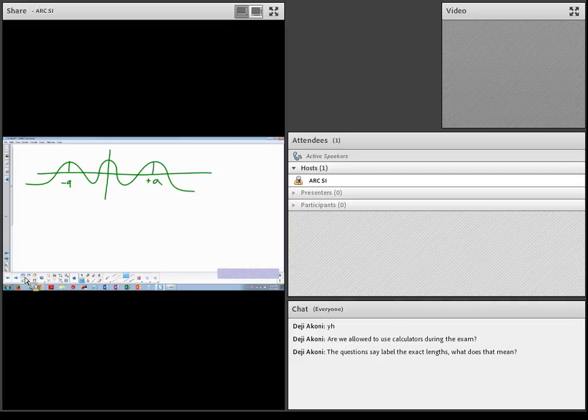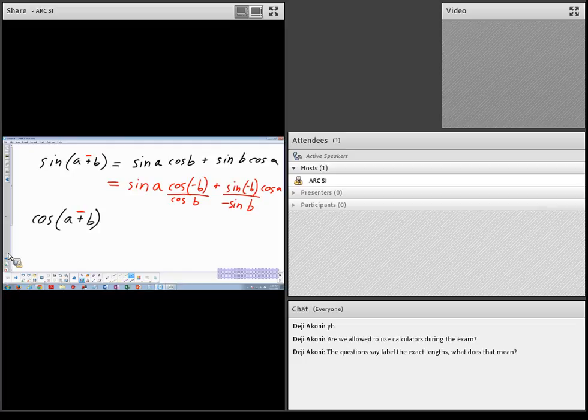And similarly for sine, wow, that was bad. You can just flip it. If you flip this side, then it's the same. Okay, yeah, I see why. So that's why these are true.